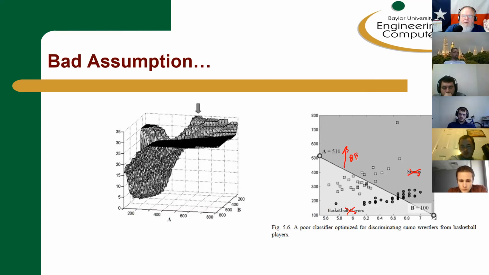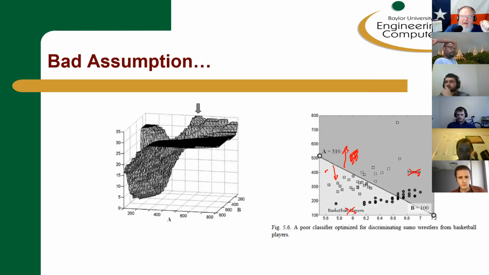Now, before I assumed that sumo wrestlers were above the line, didn't I? And for good reason, it matches. But suppose I was really stupid and I assumed that basketball players were above the line and sumo wrestlers were, no, this is right. I assumed just the opposite of what it was, okay?